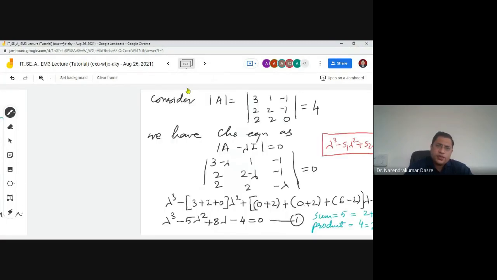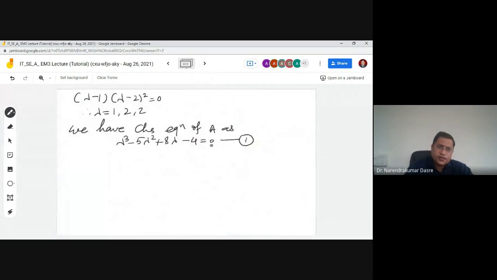So we know now the characteristic equation, so we have to replace this lambda by A and we have to see that this equation comes to be 0. So when we convert this into matrix, it will look like this. It will be A cube minus 5A square plus 8A minus 4I and we have to prove that it comes to be 0.